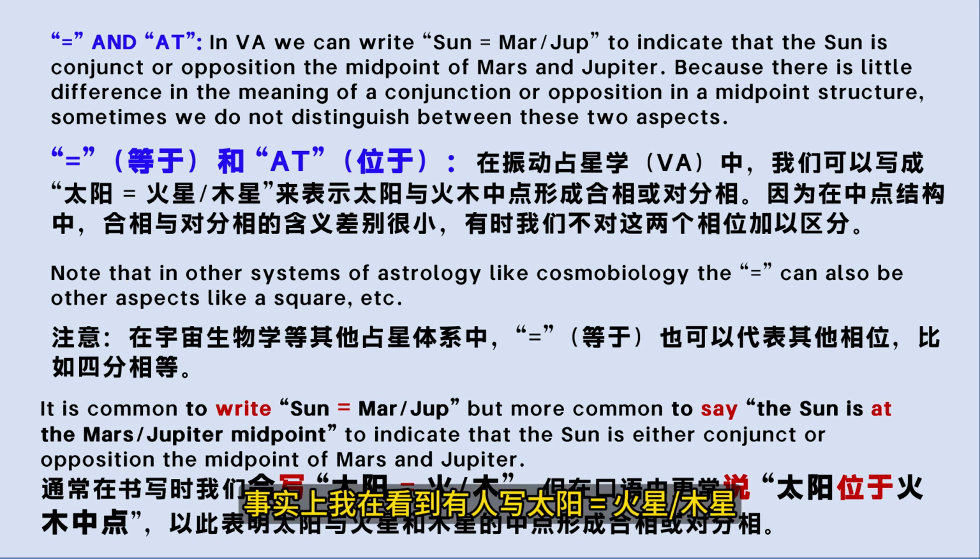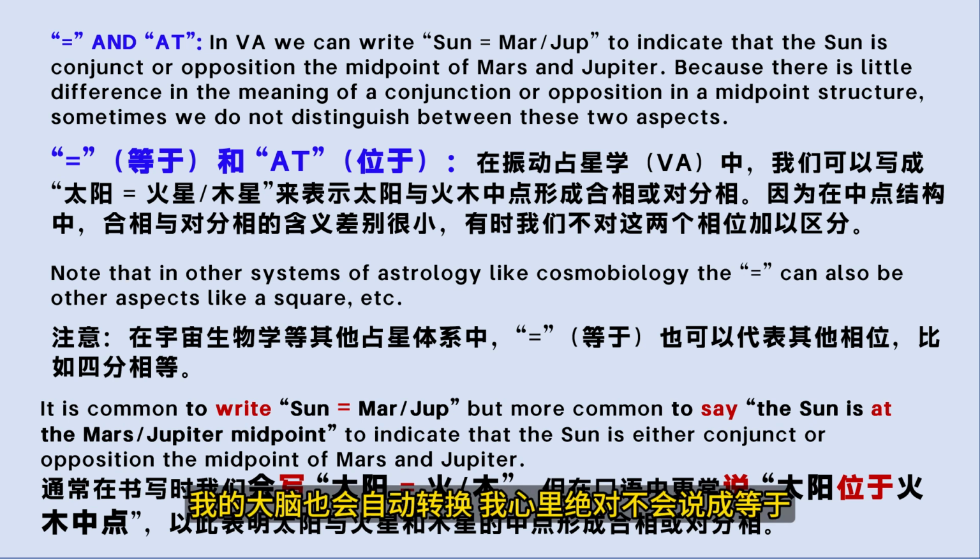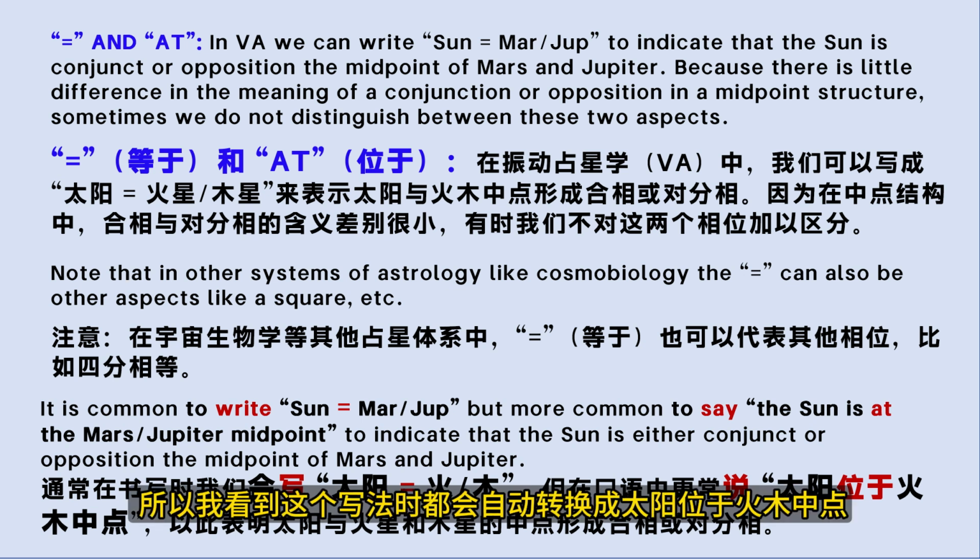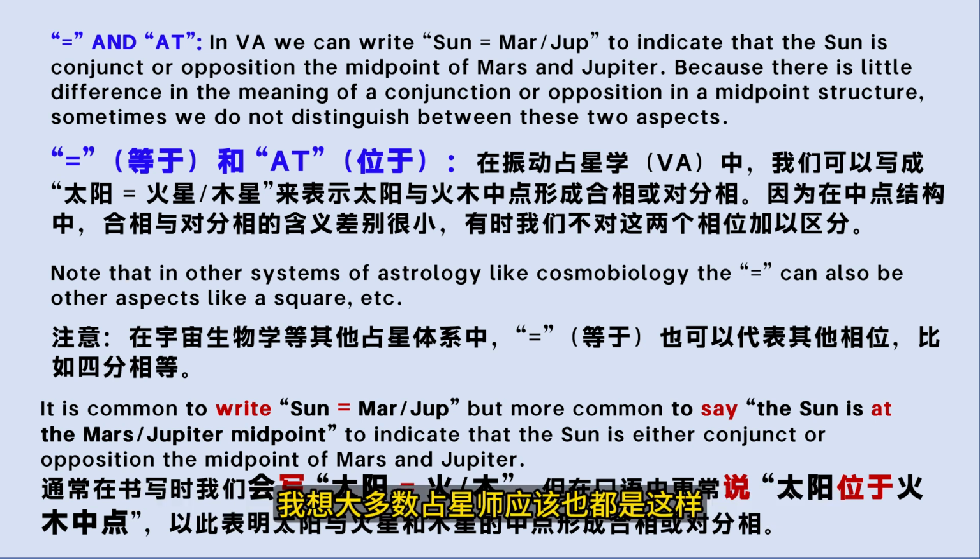In fact, if I'm reading something and somebody wrote Sun equals Mars, Jupiter, I don't even say it that way. I will say it as Sun is at the Mars, Jupiter midpoint. So when I read this, I translate it to Sun is at the Mars, Jupiter midpoint. That's just what I do, and I think probably most astrologers do. But you can say the word equals if you want to.